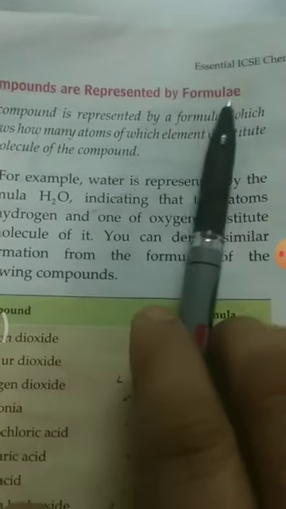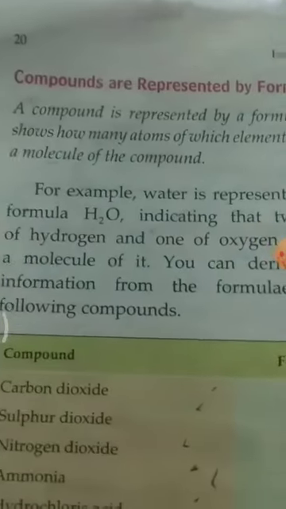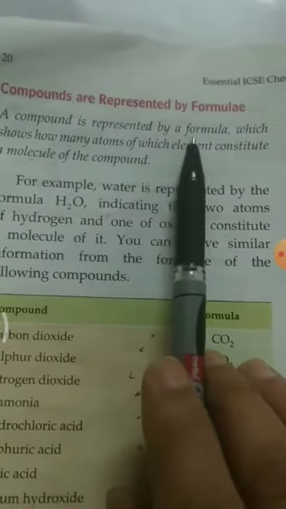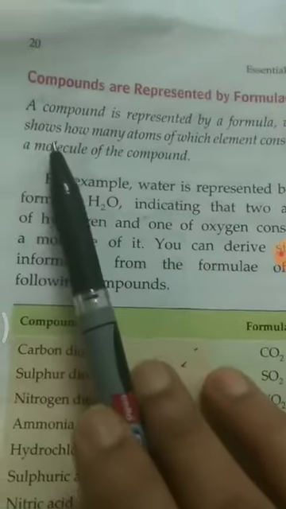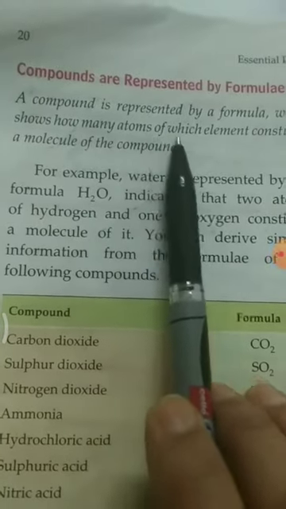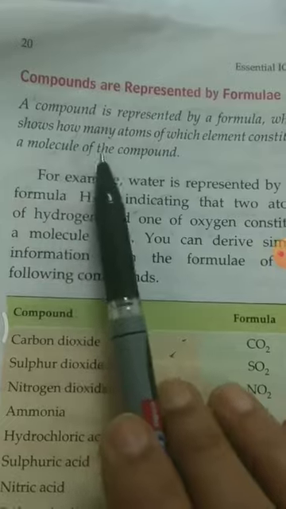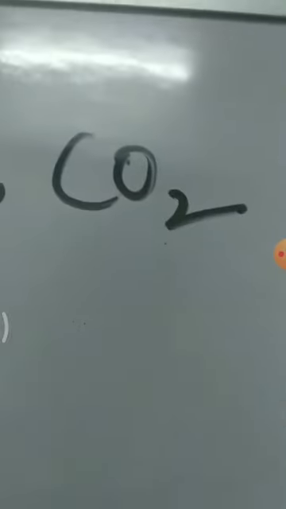Compounds are represented by formulae. A compound is represented by a formula which shows how many atoms of which element constitute a molecule of the compound.